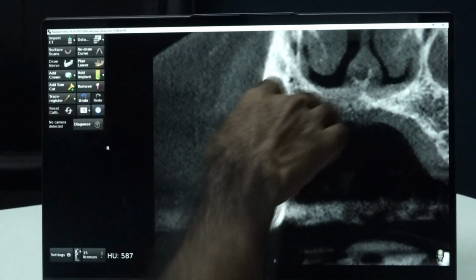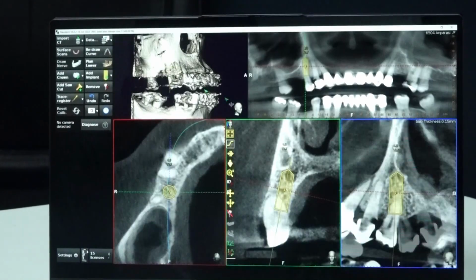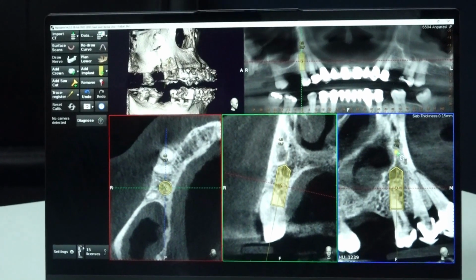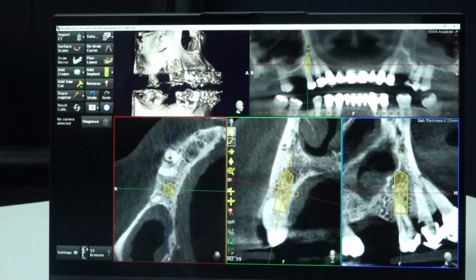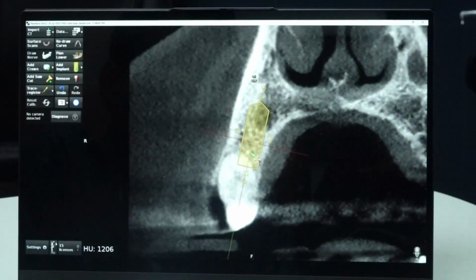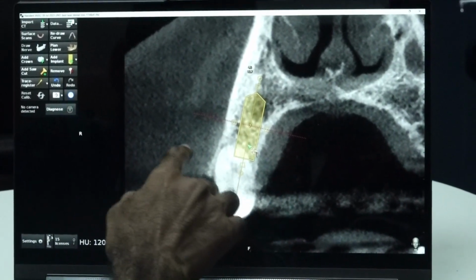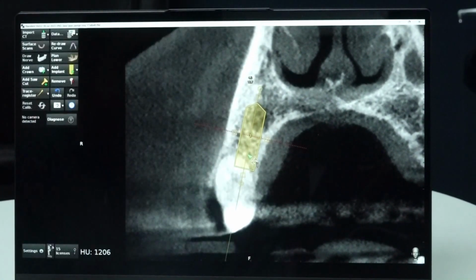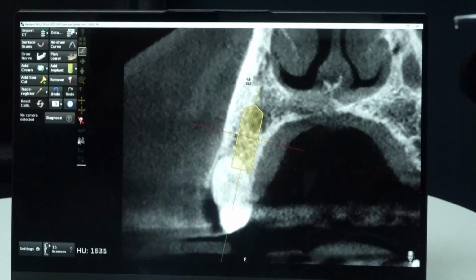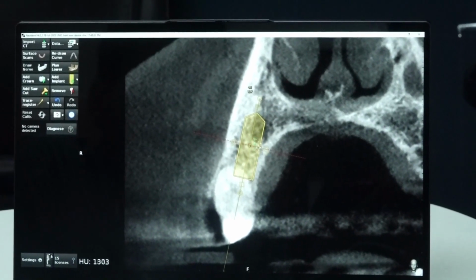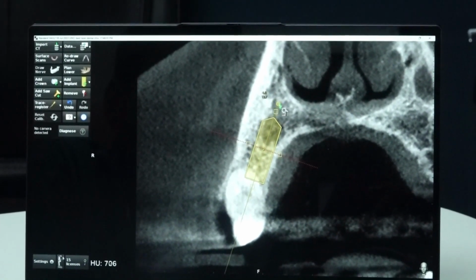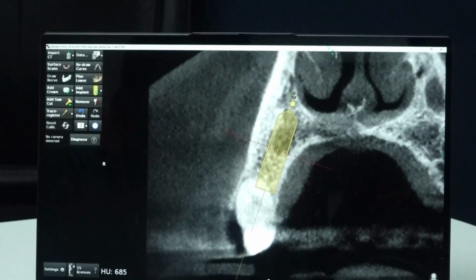Can you see the sinus here? So we will tilt some more in front. There is good bone now. Even if we do 2 to 3 mm of alveoplasty, this poor thin bone we will remove, till the nasal floor.